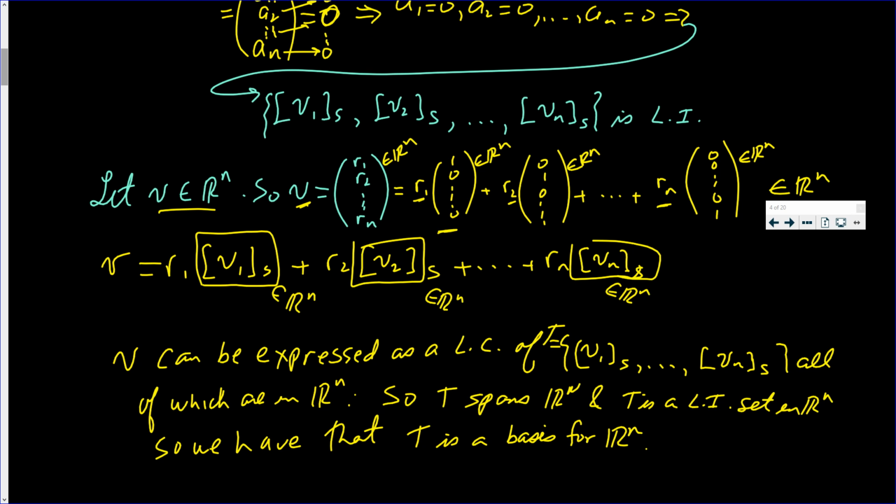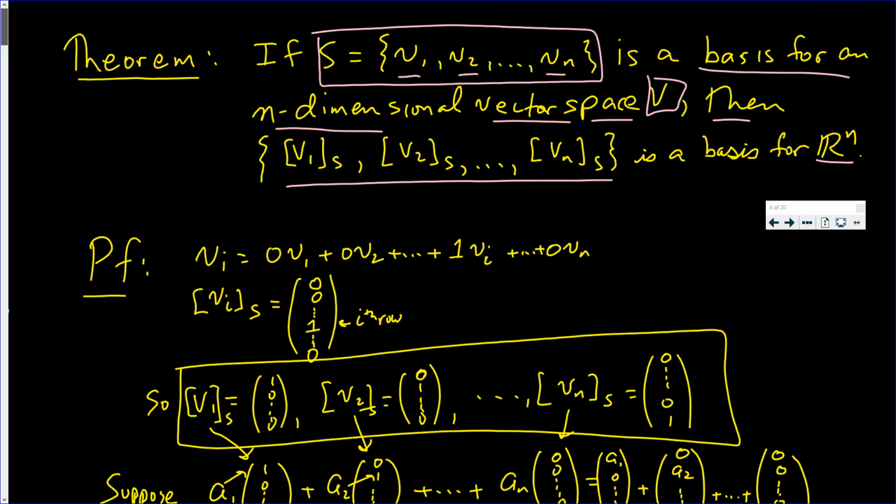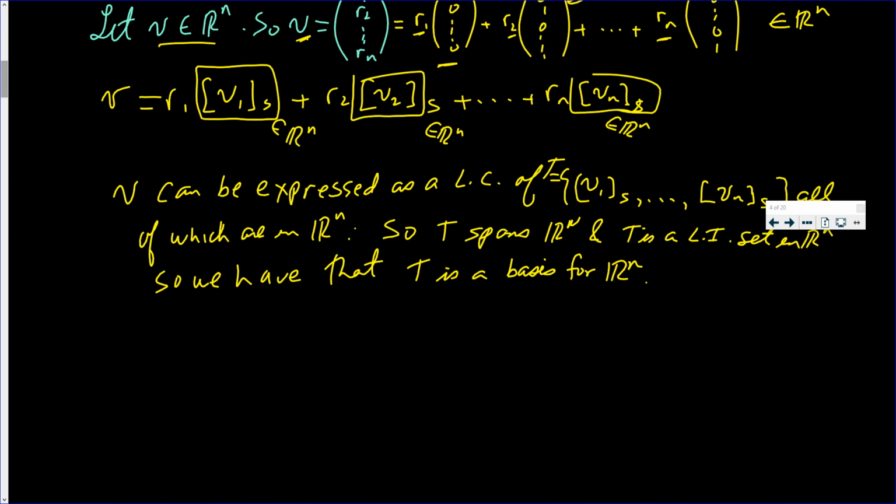Not, mind you, the basis that this set came from. This set came from the vector space V. We have that this set is not a basis for vector space V, but rather for Rn.